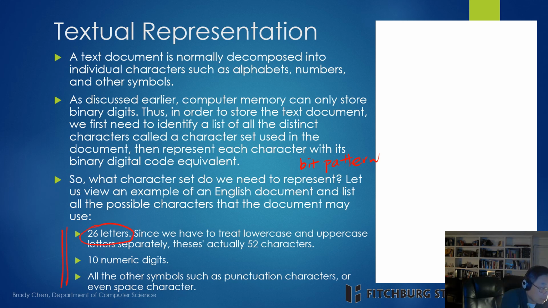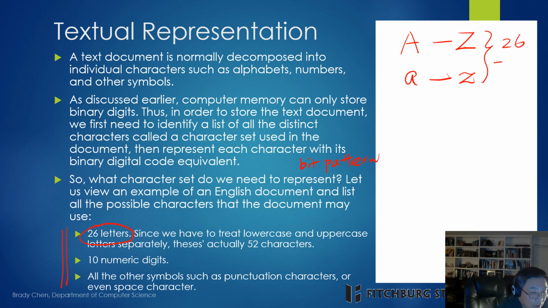First, we need 26 letters, the alphabet from A to Z. Since we have to treat lowercase and uppercase letters separately, we also have to define the bit patterns for the lowercase letters. So that's 26 plus 26, a total of 52.